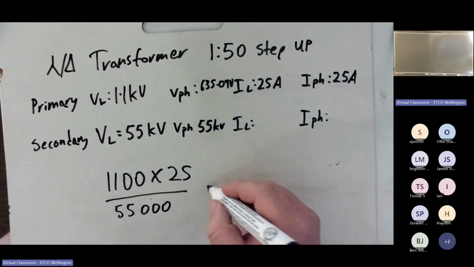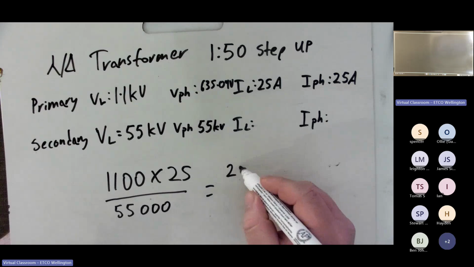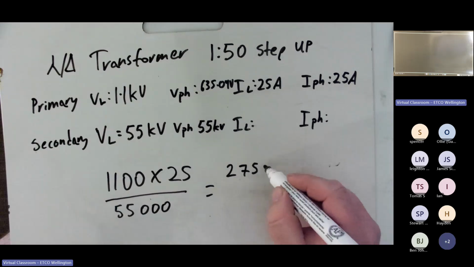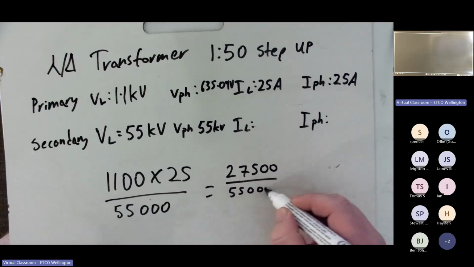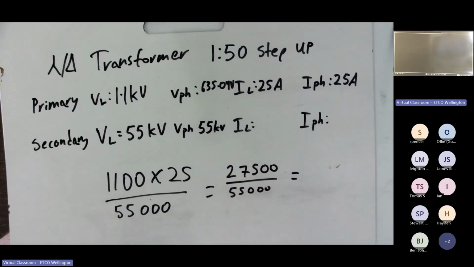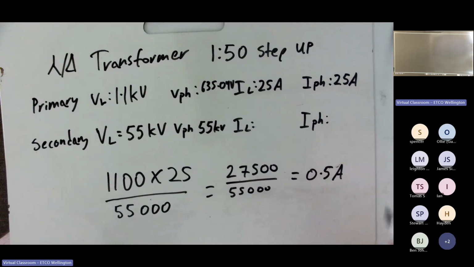If we do that, we get 27,500 divided by 55,000. This gives us 0.5 amps.